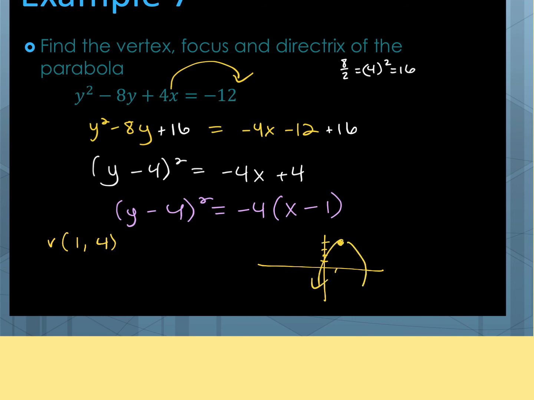It's going to point down. So negative 4 equals 4p. p equals negative 1. But remember, we just worry about the distance. I'm going down 1 to get the focus, which means 1, 3. I'm going up 1 to get the directrix, which means y equals 5.